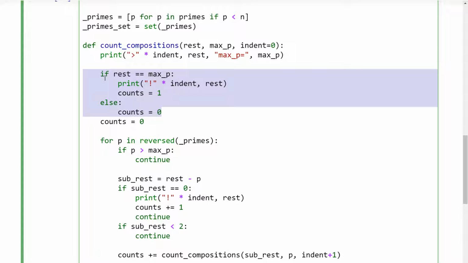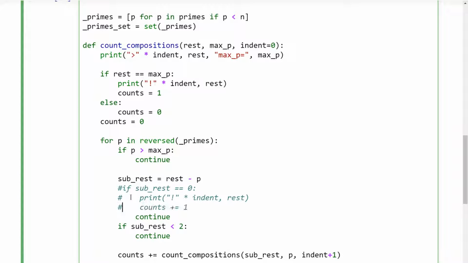I think let's look at 5. The rest equals 5. Prime is a 5. Yeah, and then we have to subtract. Let's try it.